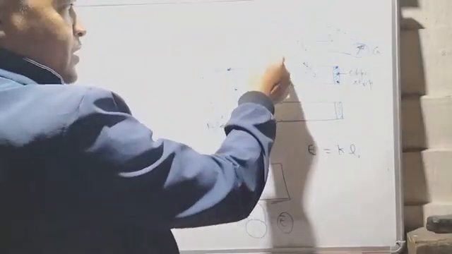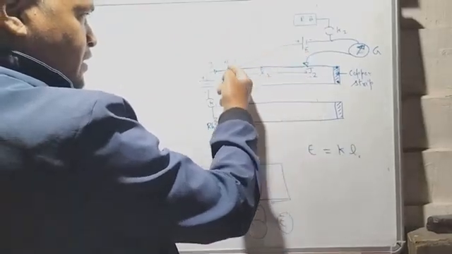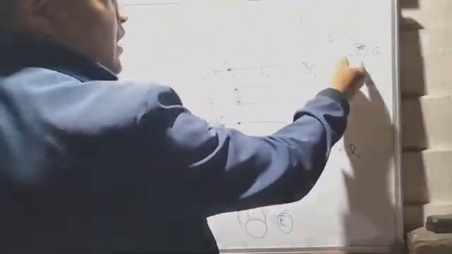Because now there is a current, look at this figure. This current passes from the cell, goes like this, and passes to the galvanometer.